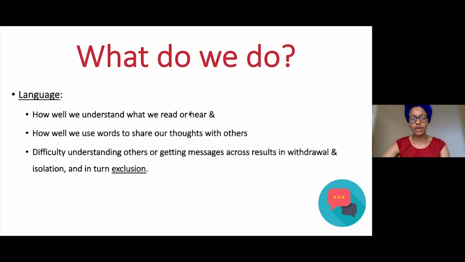Language also refers to how well we use words in order to share our thoughts with others. So people with language disorders or language difficulties experience difficulties in understanding others when spoken to. They might also have difficulties getting their messages across. So you can imagine the frustration if you try to communicate and others aren't able to understand what you are saying.